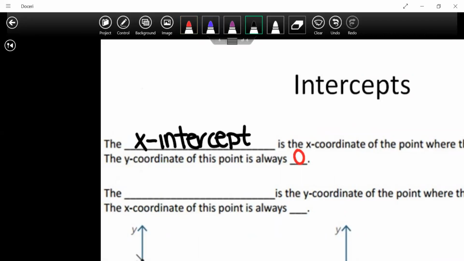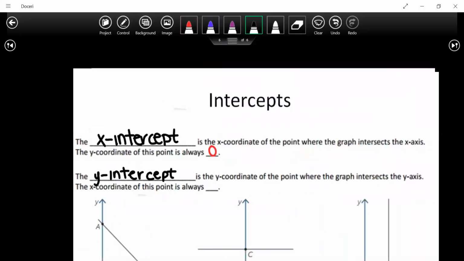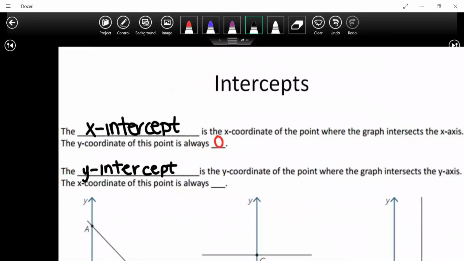The y-intercept is the point where the graph intersects the y-axis. The x-coordinate point is also always 0. And I'll show you what I mean by that, okay?